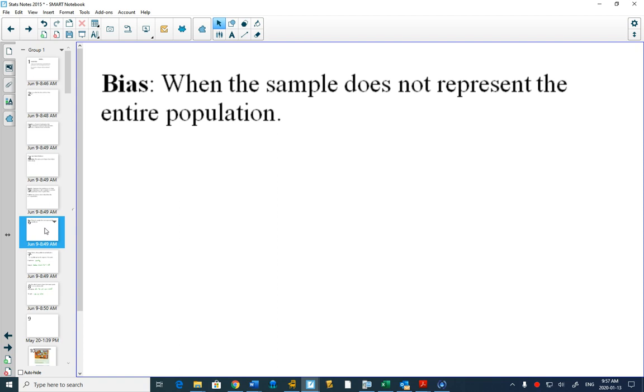So my example of choosing grade 5 girls to say what all Canadians think, that probably wouldn't represent the entire population of Canada. Or if you choose people just from a part of Canada, different parts of Canada have different viewpoints.